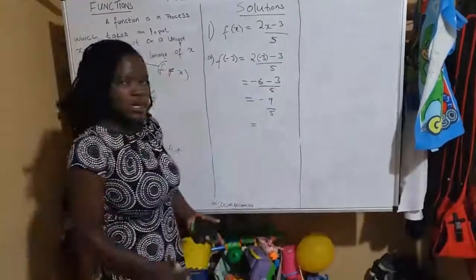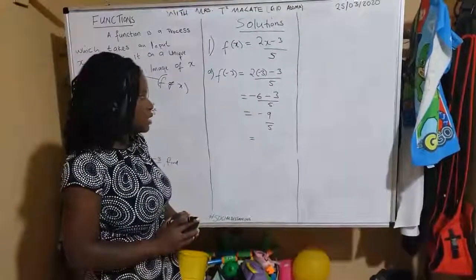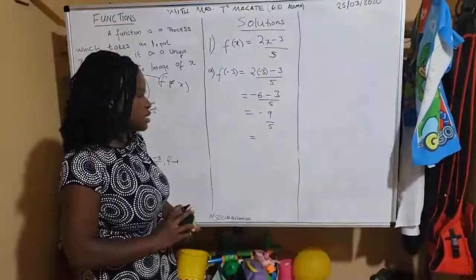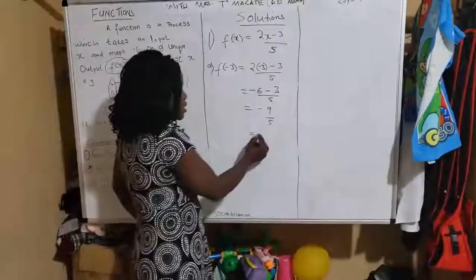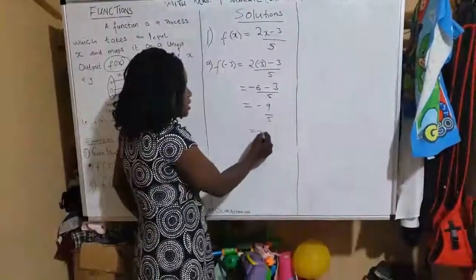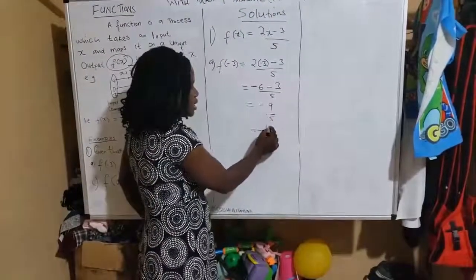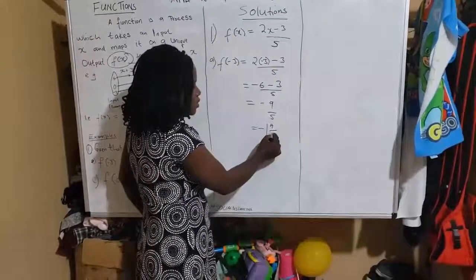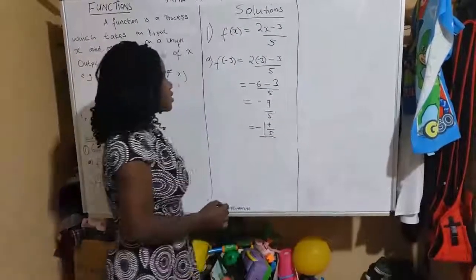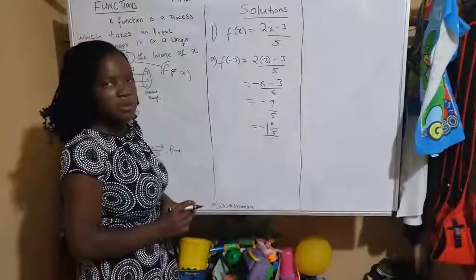That's an improper fraction. We can express it as a mixed fraction: 5 into 9 is 1, and the remainder is 4 over 5, so -1 4/5. That's our f(-3).